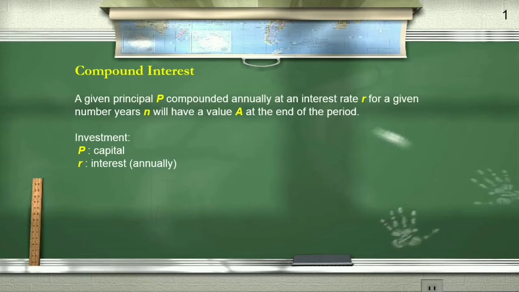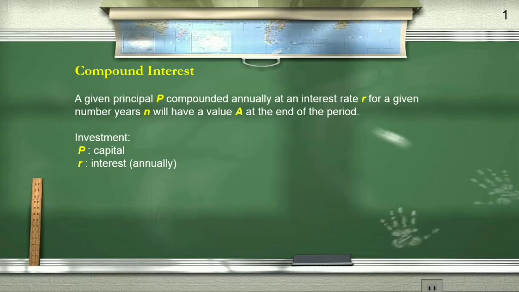Now we are going to use a little bit of algebra here to understand how compounded interest looks like. For instance, we have a given principal P compounded annually at an interest rate R for a given number of years n, and we'll have a value A at the end of the period.